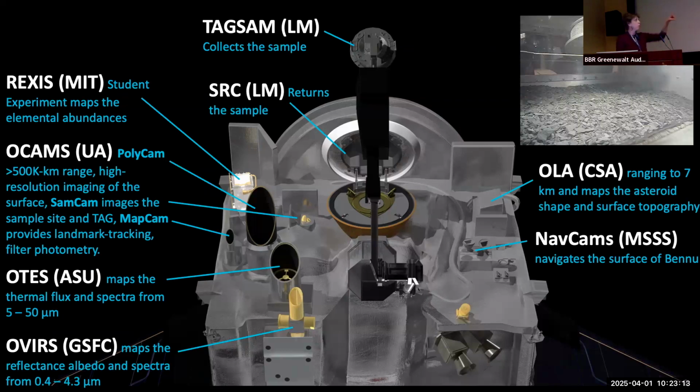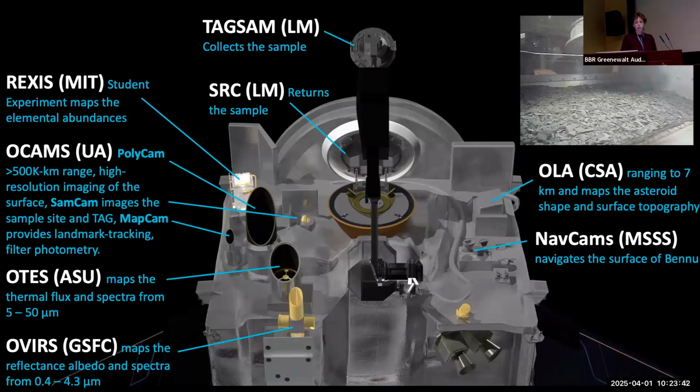So we have a wide array of instruments that were on the orbiter that spent 2 years examining the asteroid. We had different kinds of cameras. We had an altimeter. We had a student project that looked at elemental abundances. We did a lot of thermal flux and spectral measurements. We had a thermal emission spectrometer and looked at the albedo and other spectral information.